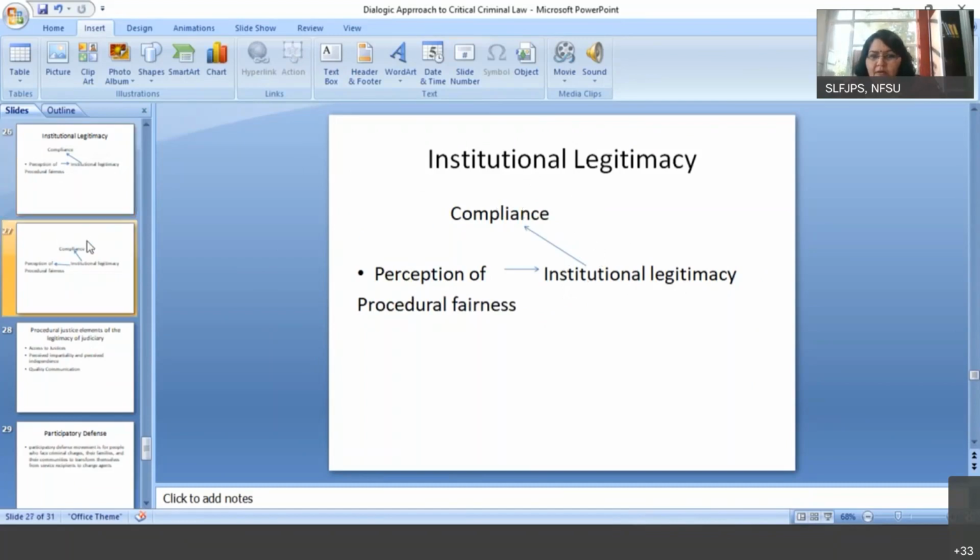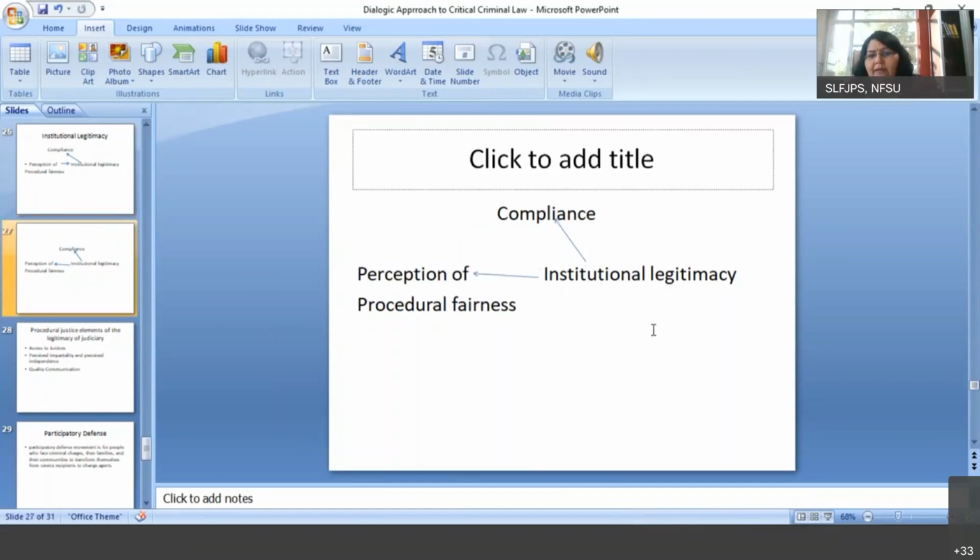The other model could be that there is an institutional legitimacy which is already in existence, and this institutional legitimacy leads to perception of procedural fairness, and since it is legitimate, people comply with the law. So in different contexts both these models may prove to be workable.